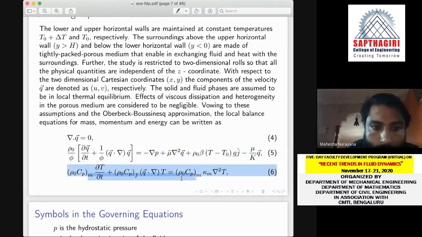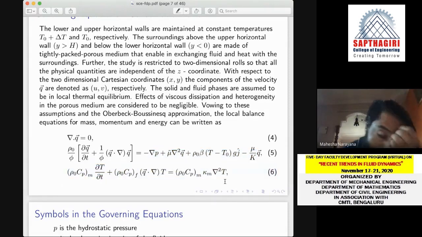Equation 6 is known as the energy equation, and it comes from the conservation of energy. And equation 4 is the continuity equation, simplified for the incompressible fluid.